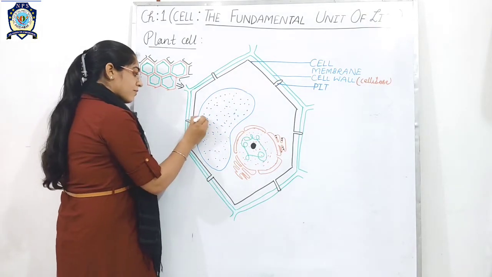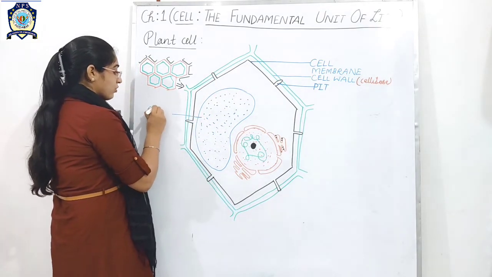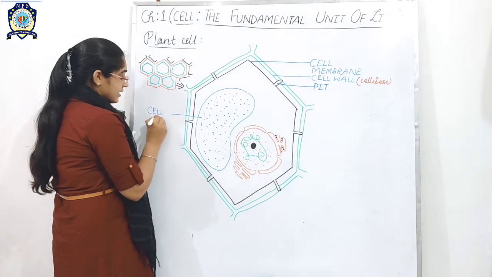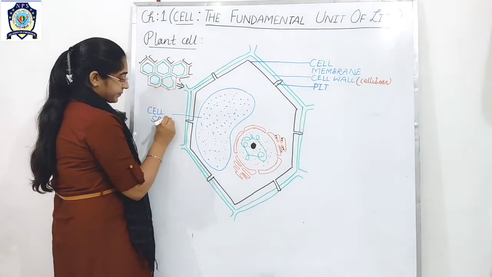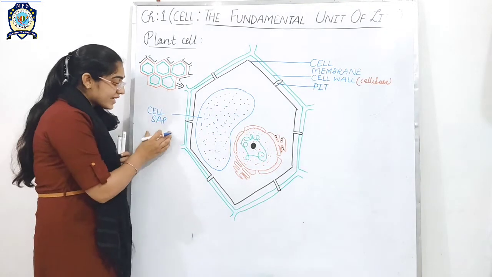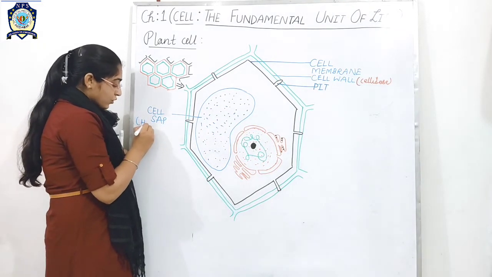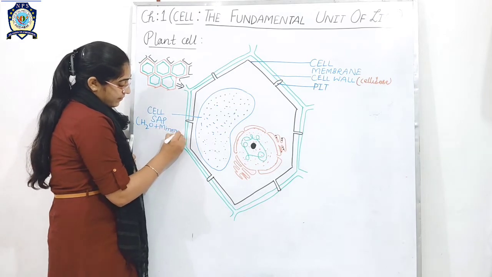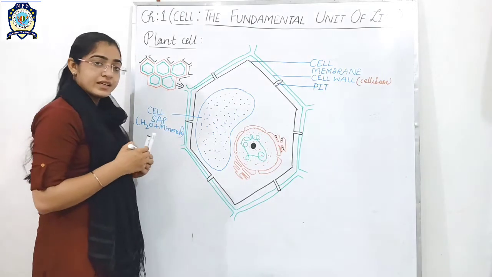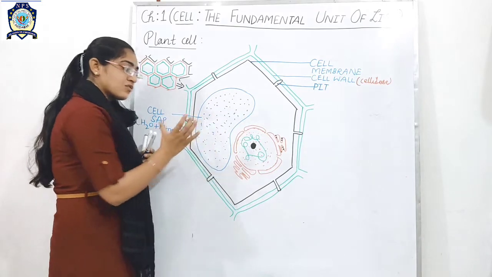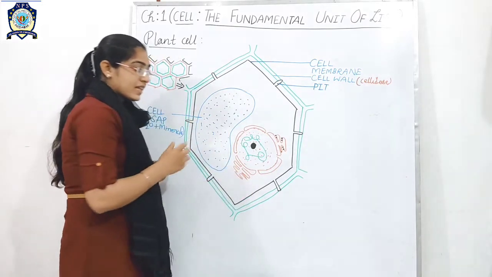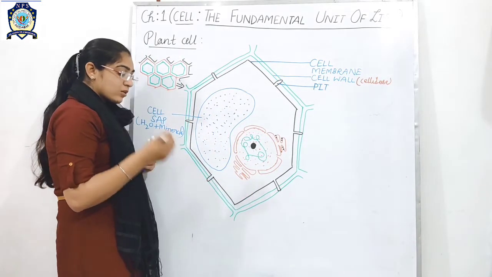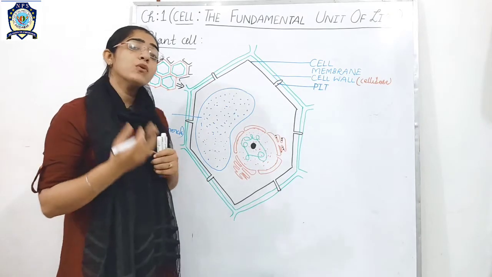So inside the vacuole there is cell sap, and cell sap contains water plus minerals. Is that clear? So one is the large vacuole, then the nucleus lies at one point.